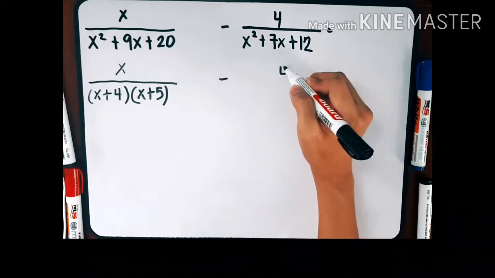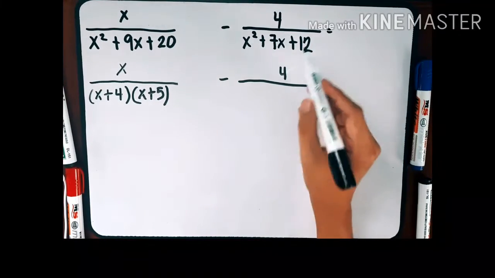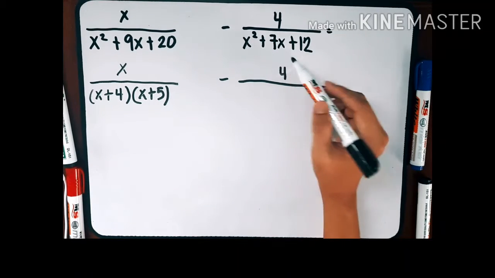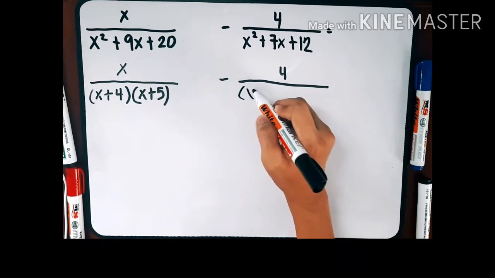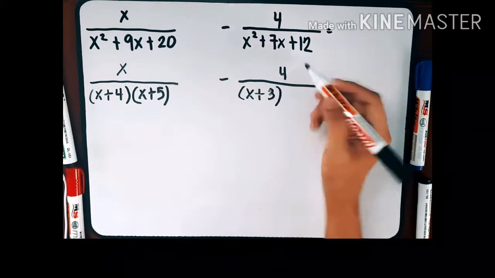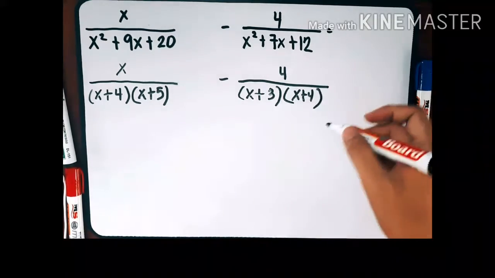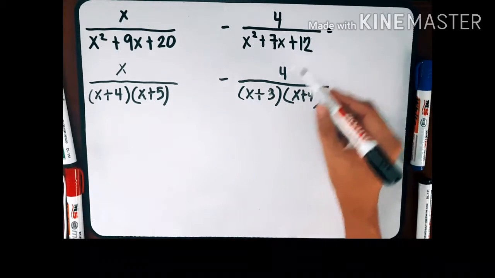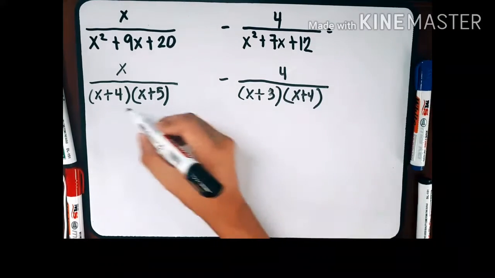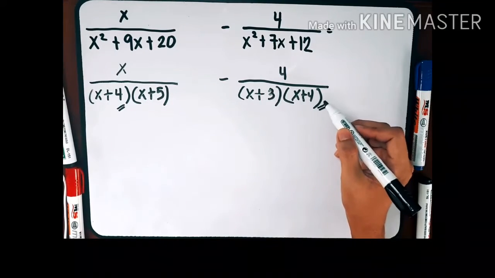Minus 4 over two numbers again that has a product of 12 and has a sum of positive 7. In this case, that would be 3 and 4. Since 4 times 3 is 12 and 3 plus 4 is 7. Ngayon, mapapansin mo na pareho ng merong x plus 4 sa denominator.